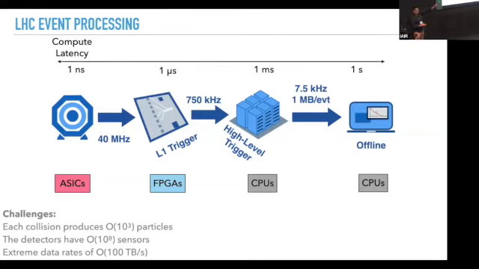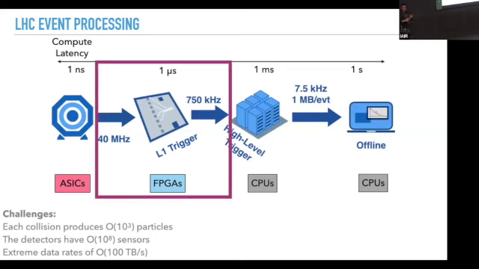These go into the first stage of our trigger, which then immediately has to reduce the rate from 40 megahertz to 750 kilohertz after this upgrade, which means it needs to analyze all these events and within microseconds be able to either discard or save the event. So if you want to run any kind of machine learning or sophisticated selection there, it needs to be able to run very, very quickly.